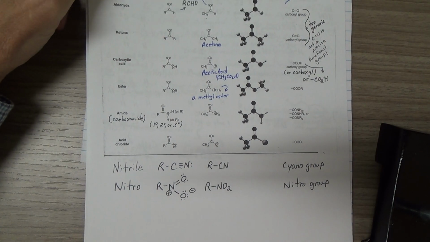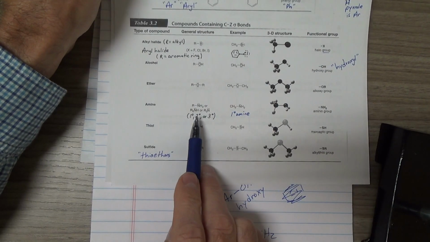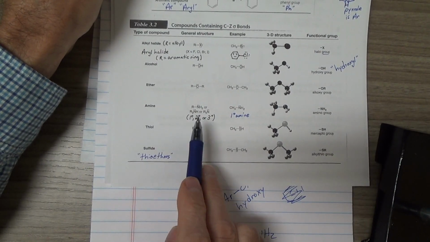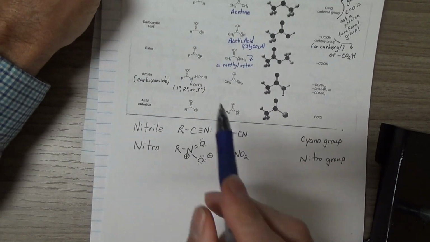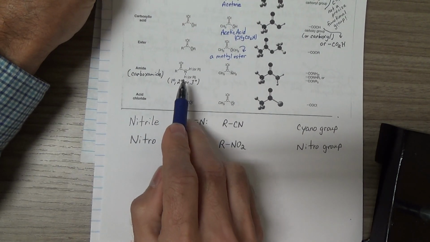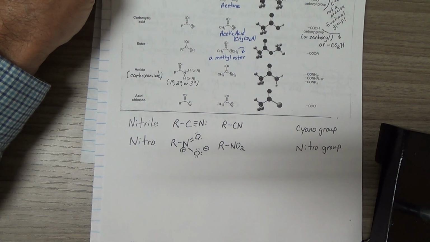Now with amides, just like amines, if we put more R groups on the nitrogen, we don't change the name. We just indicate how many total carbon groups the nitrogen is bonded to. All right?